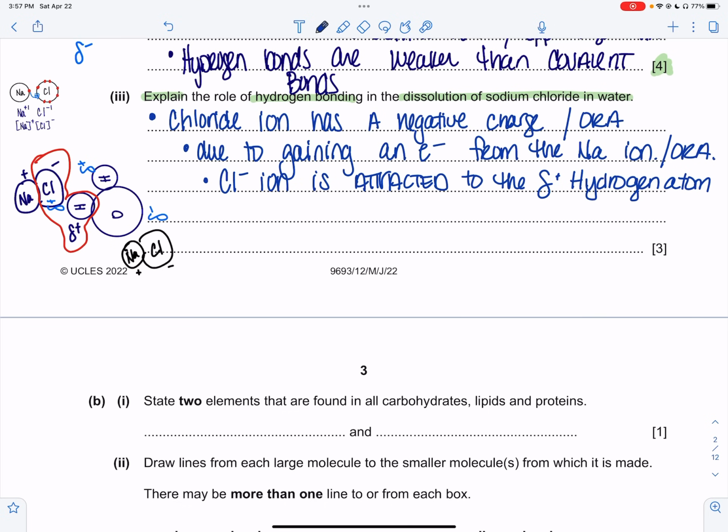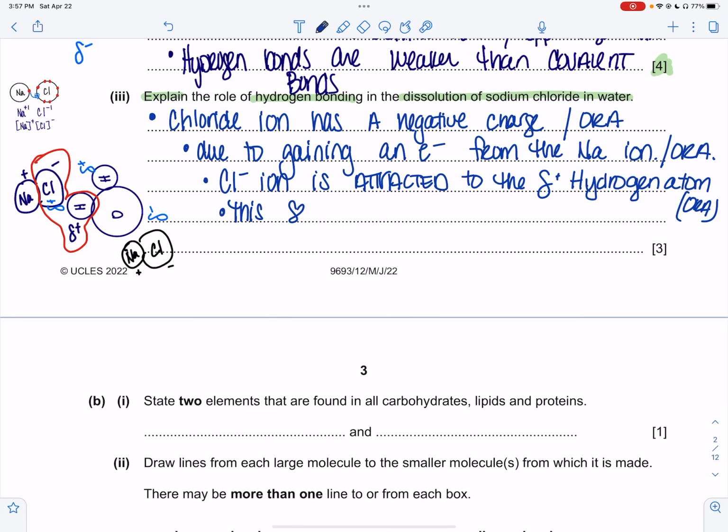It's an atom because hydrogen and oxygen form the covalent bond. Ions are when there are giving and taking electrons, forcing them to have a different charge. Or you could do the reverse argument here. Sodium ion is attracted, the positive sodium ion is attracted to the partially negative oxygen atom.